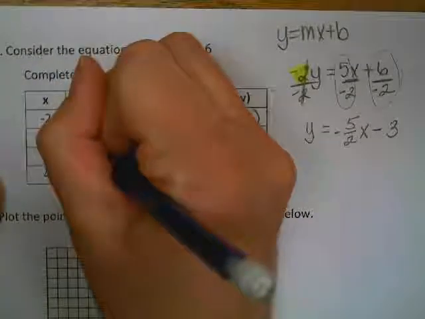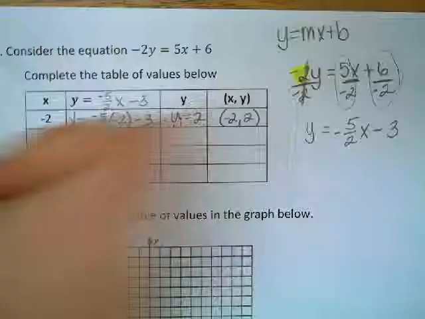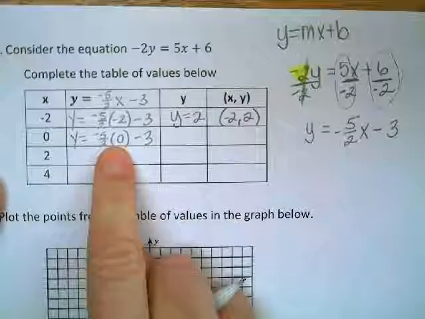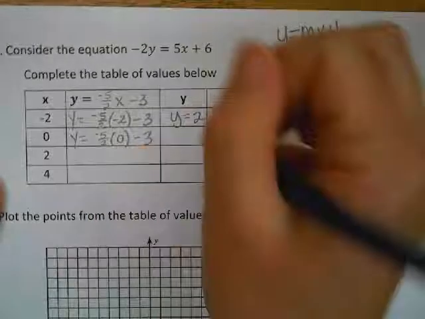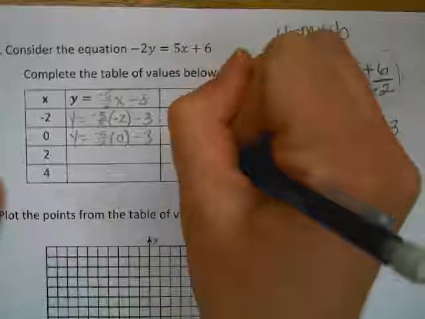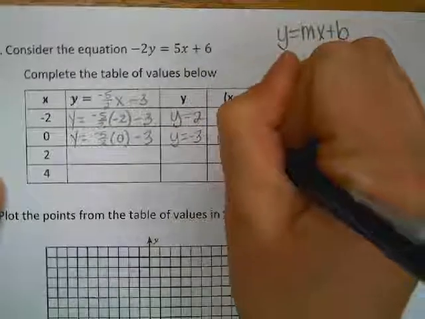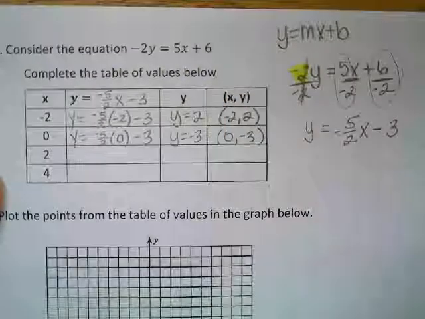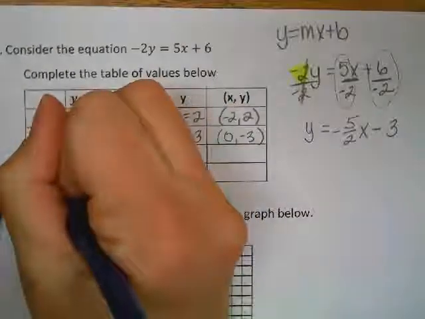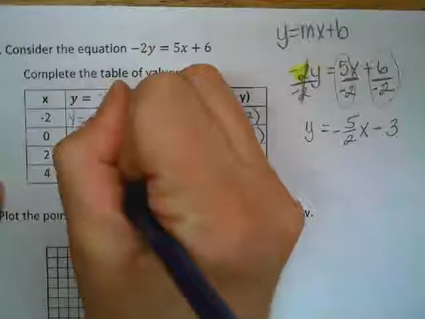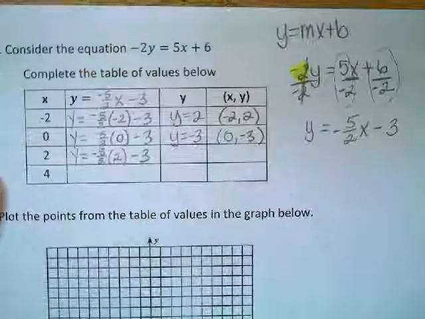If x is 0, then I have -5/2 times 0 minus 3. -5/2 times 0 is just 0, and 0 minus 3 is -3. So when x is 0, y is -3. When x is 2, you have to do -5/2 times 2 minus 3.